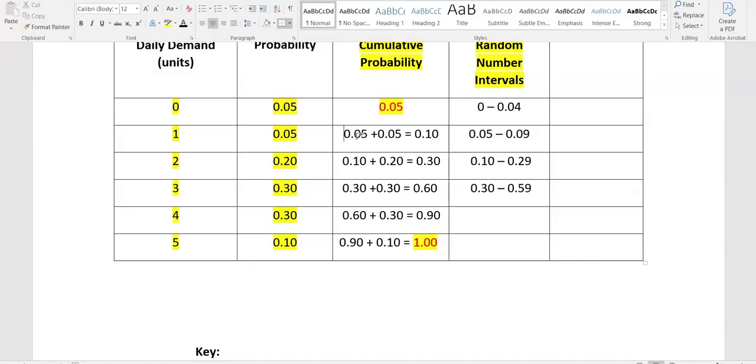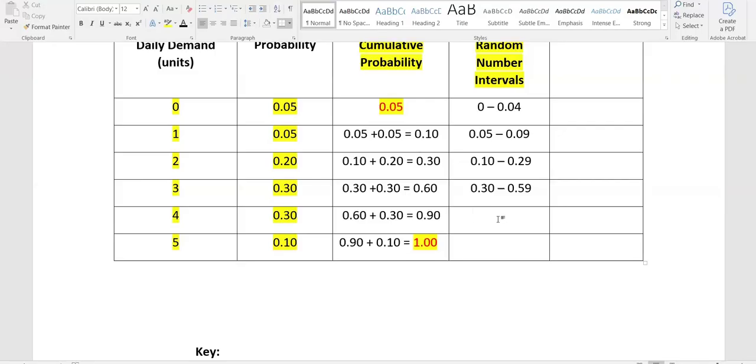Yeah, but some people might do the cumulative probability without showing the addition, which is actually okay if you can do it mentally. Sir, I don't want to jump the gun, but the last number in the cumulative probability is the first number in the next random interval.